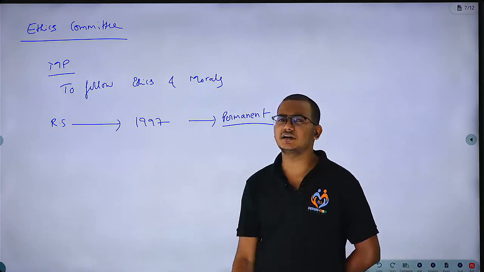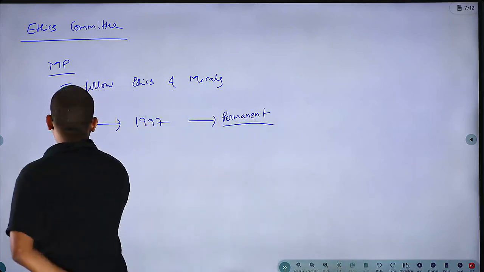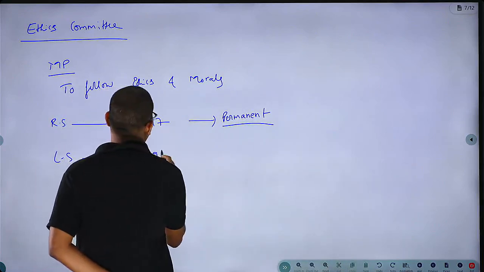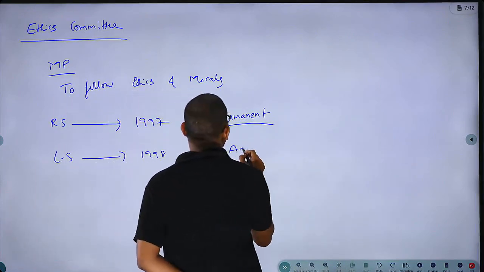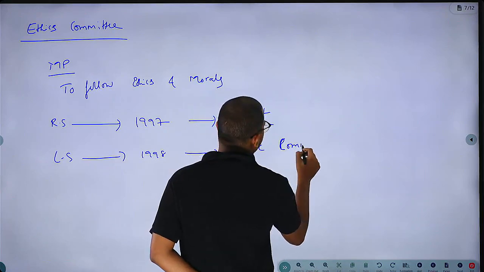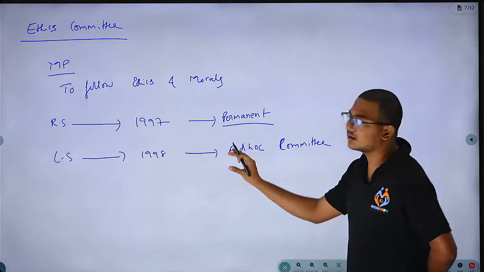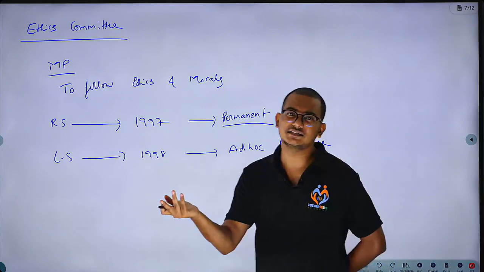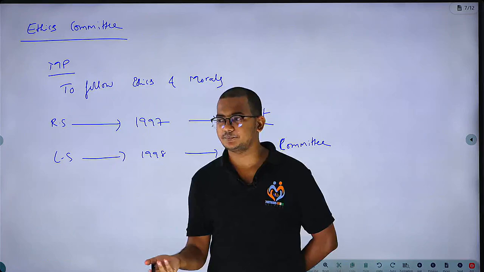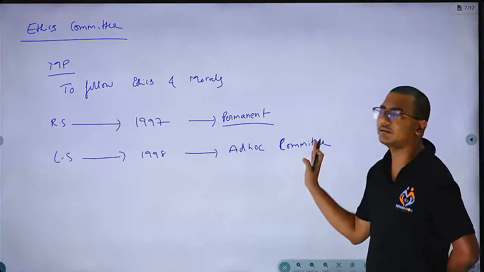Later Lok Sabha felt like, okay fine, we'll also try. So in 1998 Lok Sabha came up with an ad hoc committee, which means for a purpose. There are cases on some MPs, so they came up with an ad hoc committee. They felt the cases would close soon and later they would repeal this committee.